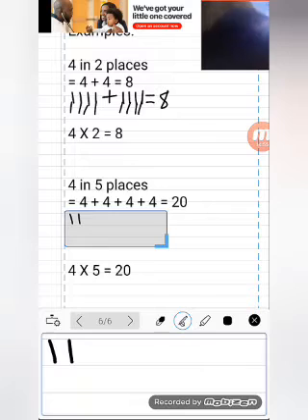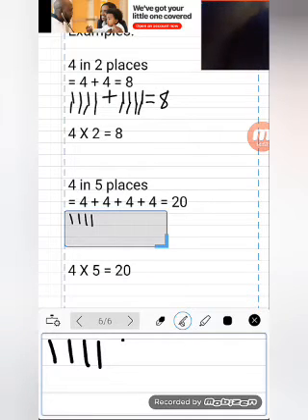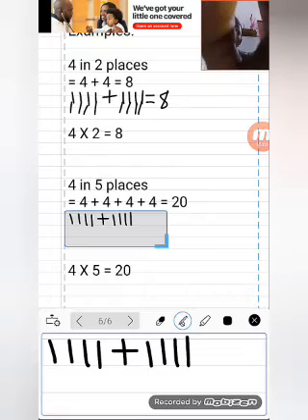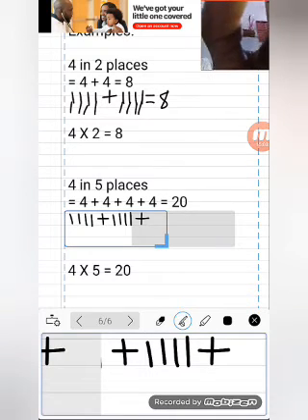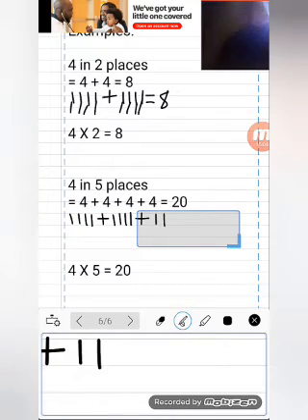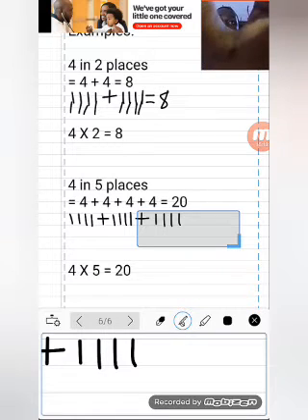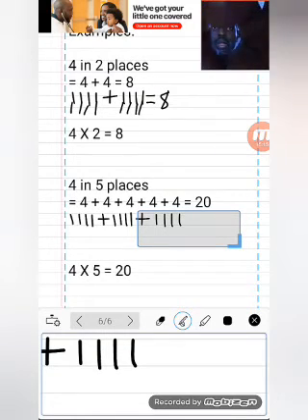Now 1, 2, 3, 4. That's 1 4. 1, 2, 3, 4. That's another 4. 1, 2, 3, 4. That's the third 4. Remember, we're going to 5. So another 4.